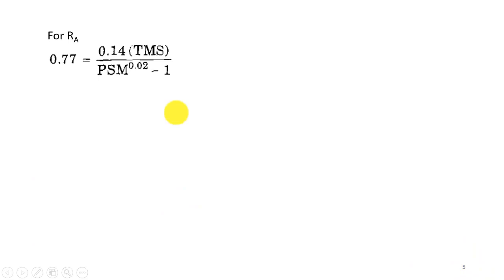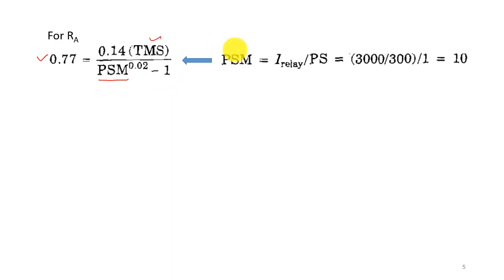Now for relay A, we substitute the operation time, 0.77, into the standard equation, and I need to find the TMS setting from this equation by substituting the PSM value. So how will I find the PSM value? PSM is the relay current divided by the plug setting, that is the clock setting. The clock setting is 1 and the turns ratio is 300.